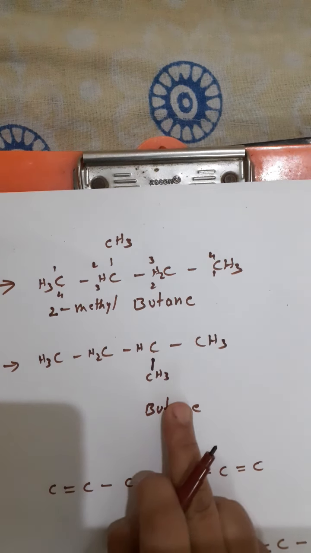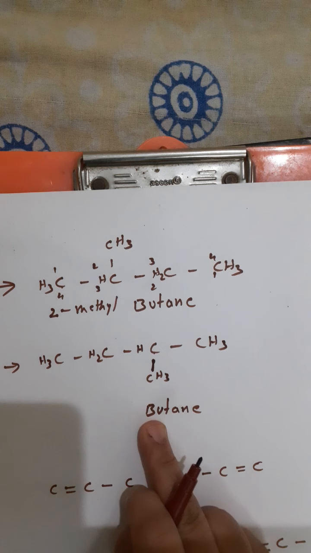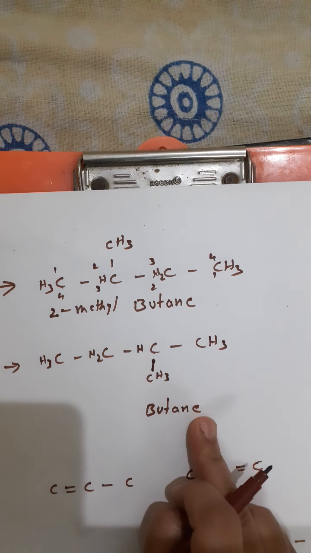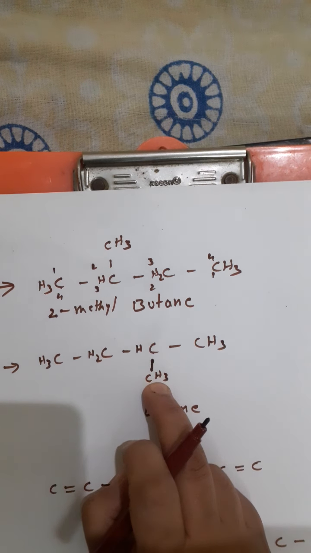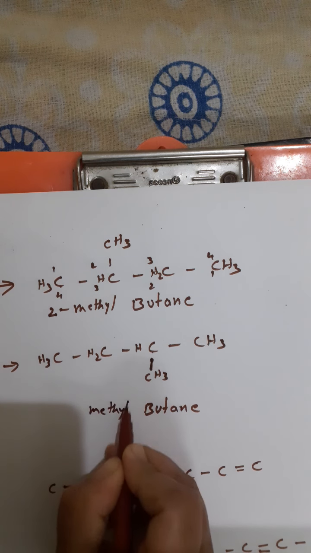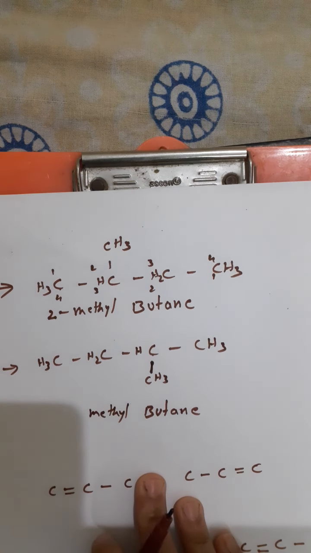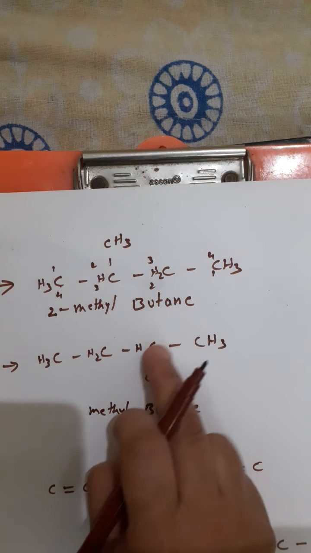Now we have identified the root, the parent carbon. So what is the parent carbon? But with a single bond, butane. Then what is step 2? Identify the substituent attached. So what is the substituent attached here? Here also it is methyl. Here also it is methyl. Then comes the positioning. Now as I told, rule 2 is what? Give the least numbering.